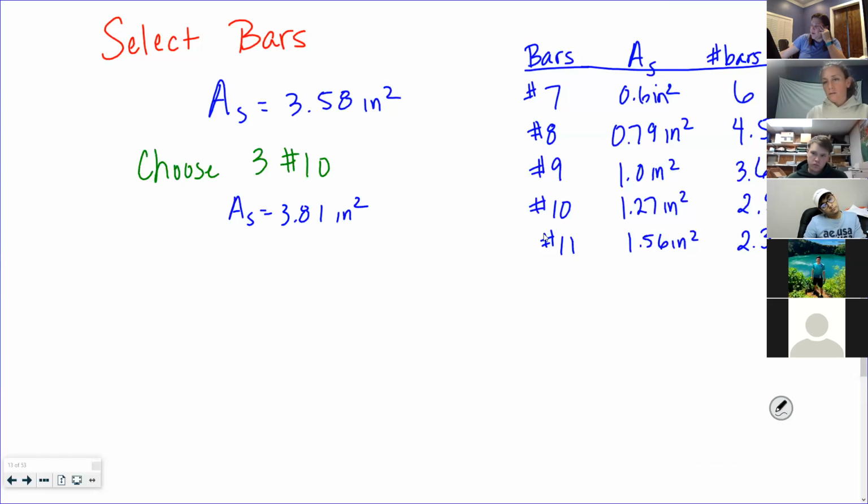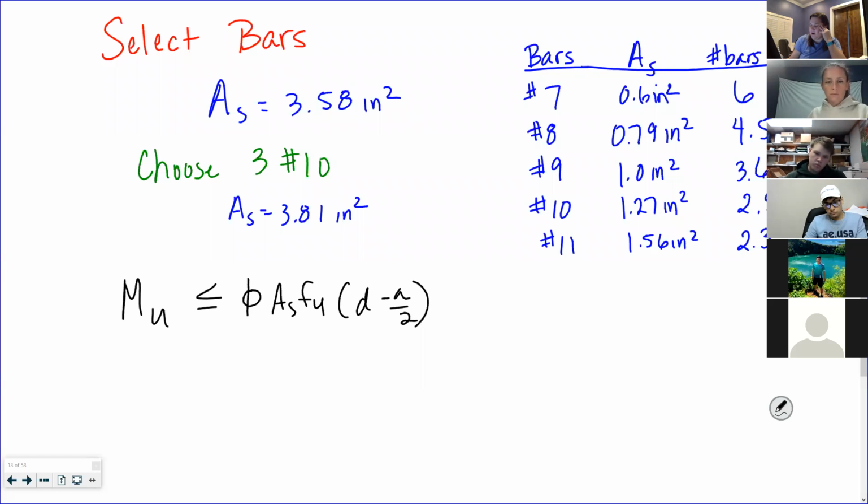I think you'd have to round up to 3, but it would be interesting to see, because you can't have too much under-reinforced.